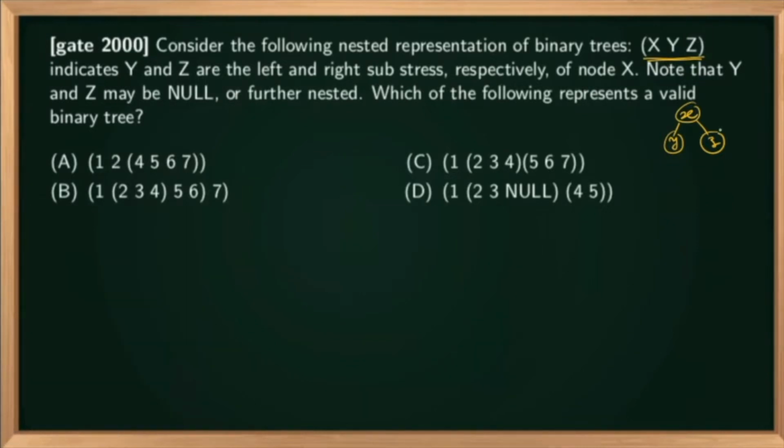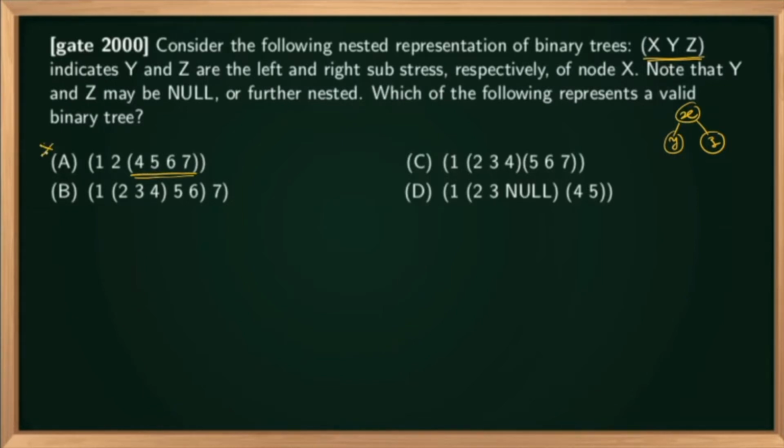That's clear, right? So basically, in this representation, you cannot have 4 values like this. You can have maximum 3 values, right? X is a value, Y can be null, Z can be null. So you cannot have 4 values inside the bracket.